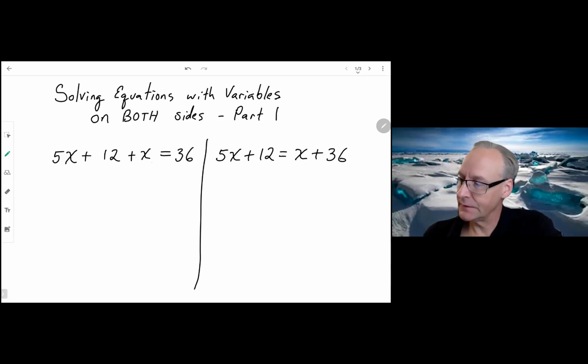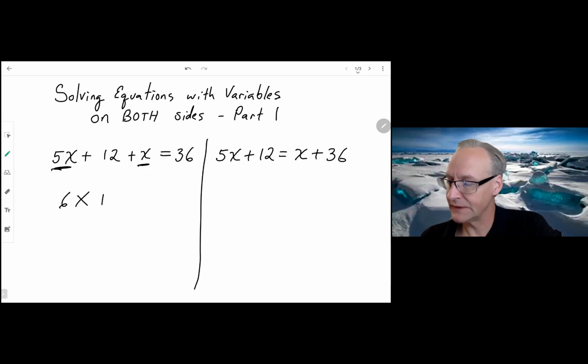This x and this 5x are on the same side of the equation, and they have to be simplified. So we're going to add like terms. x plus 5x is 6x, plus 12 is equal to 36.